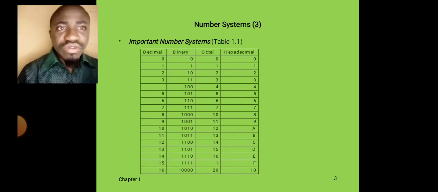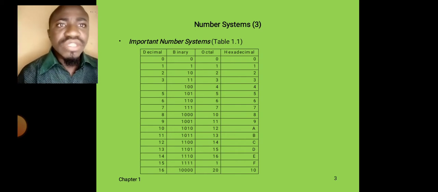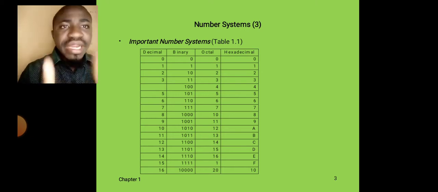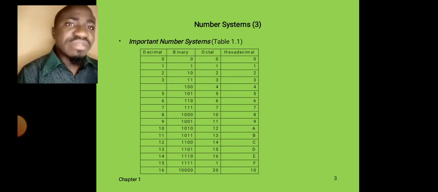Now the binary system, which the computer converts. After you have written it, the computer converts it. It's always in what? Zeros and one. So this table is giving us the equivalent of binary system to decimal, and from decimal to octal, and from octal to hexadecimal.